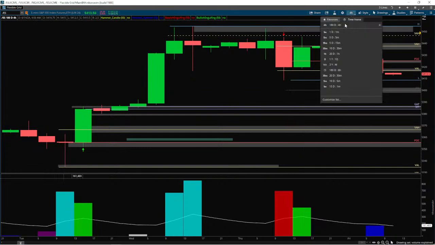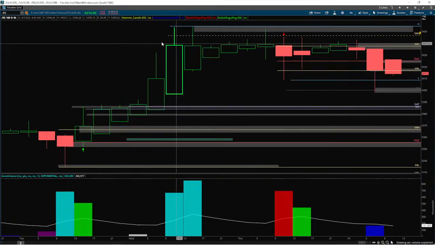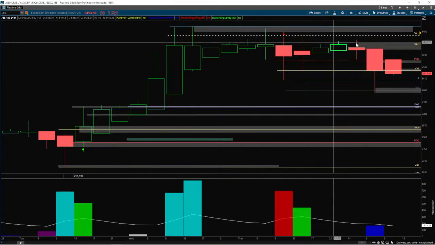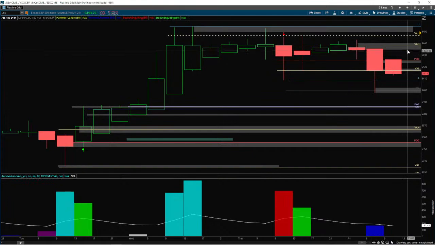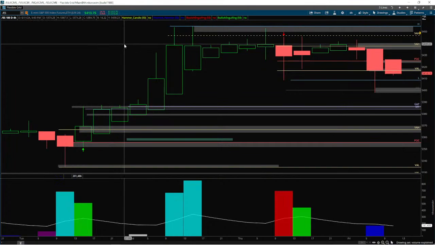Let's go into the Heikin Ashi. Yeah, looks like we're flattening out. Yeah, so this might be my level. If you get above it, it might be an issue. But this might be my level. We're kind of flat right here. Right? Yeah.